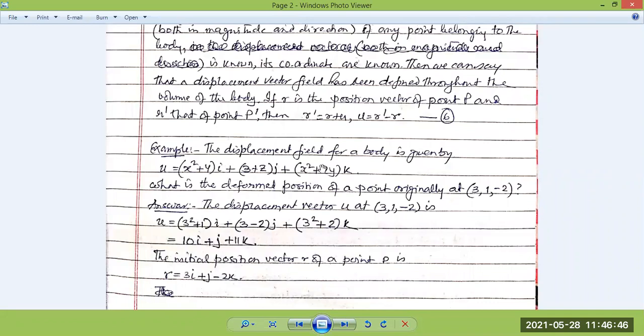The example given is: the displacement field for a body is given as U equals (x square plus y) i plus 3z j plus (x square plus 2y) k.